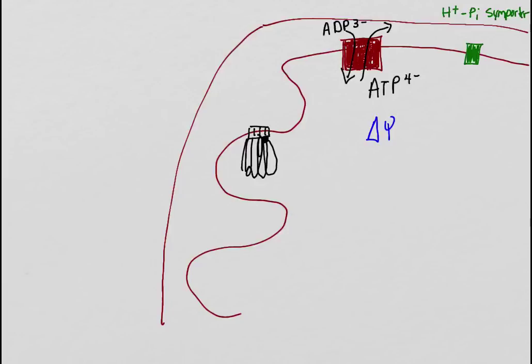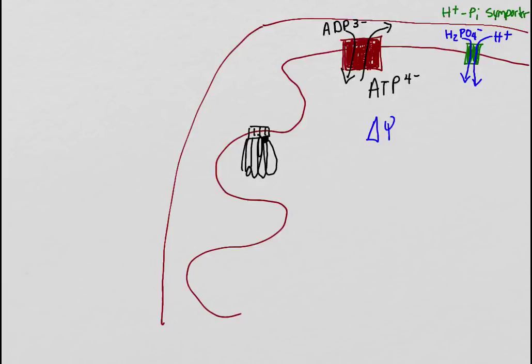Now, this is a bit deceiving because it's not the PO4 3- version of phosphate that comes in. Instead, what happens is that H2PO4- along with a proton swoosh into this symporter.